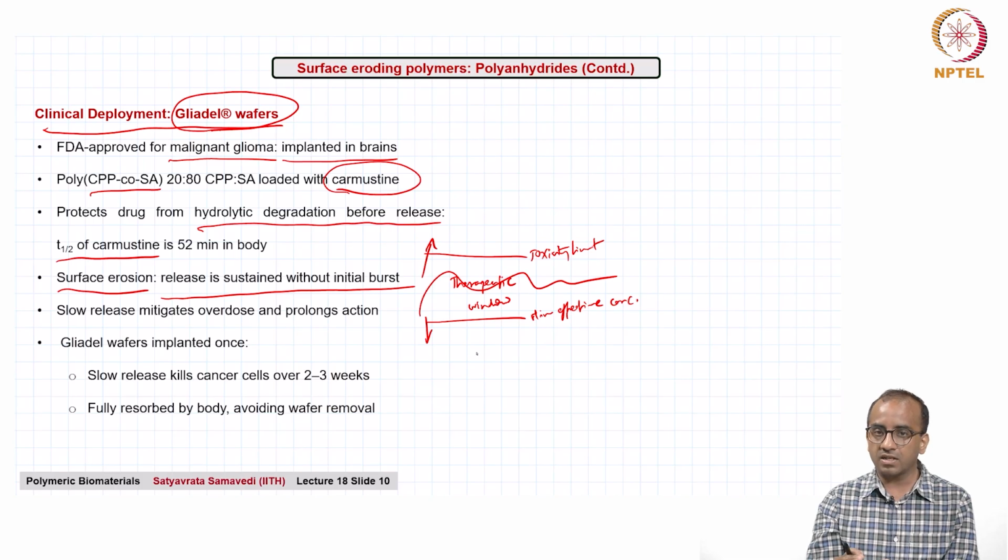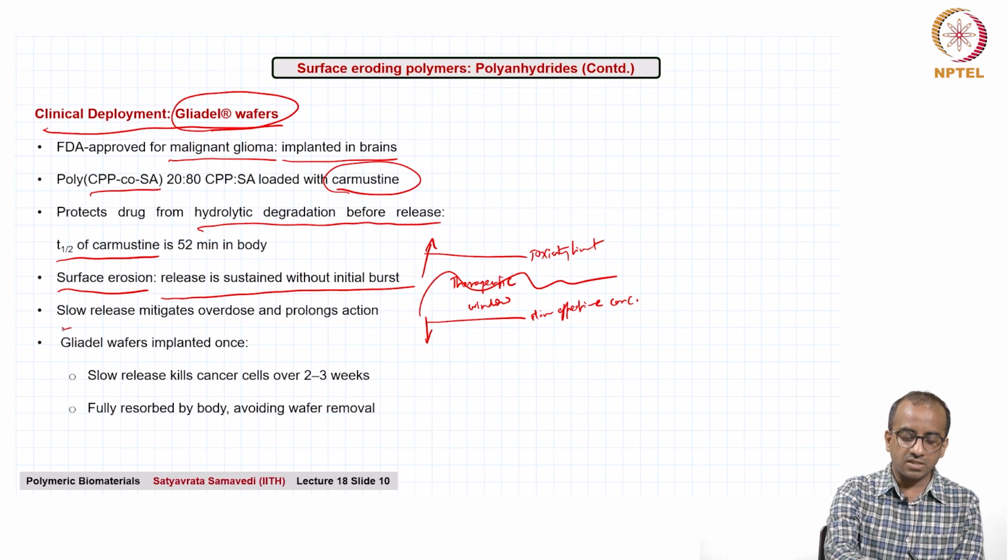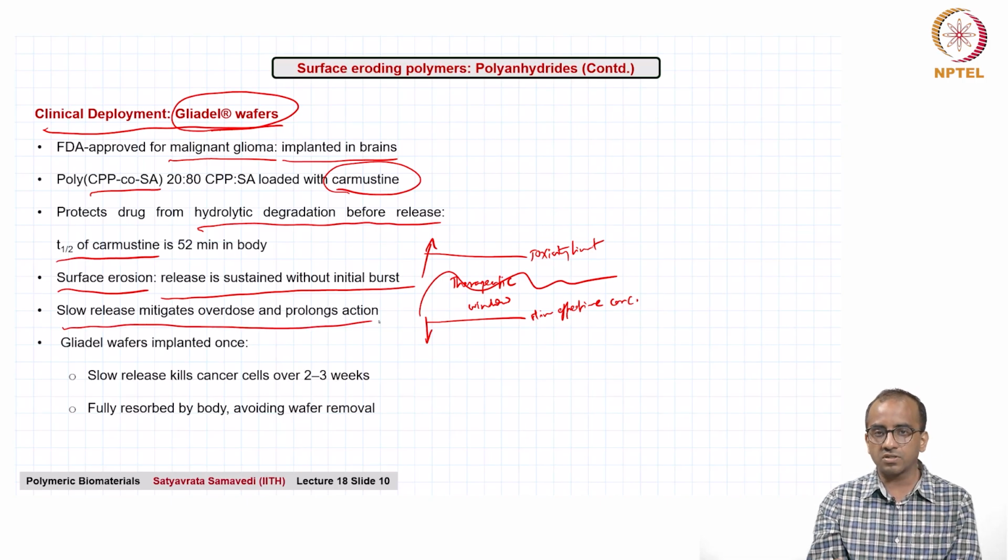And it so happens that this avoids the initial burst, which avoids any potential toxic effects, and also provides sustained release to have long-term therapeutic effects. And so, the slow release mitigates overdose and prolongs the action of the drug.